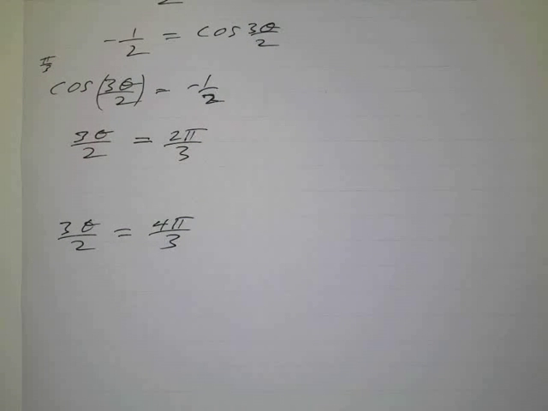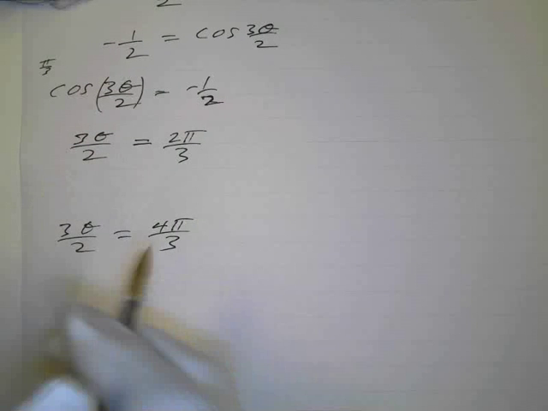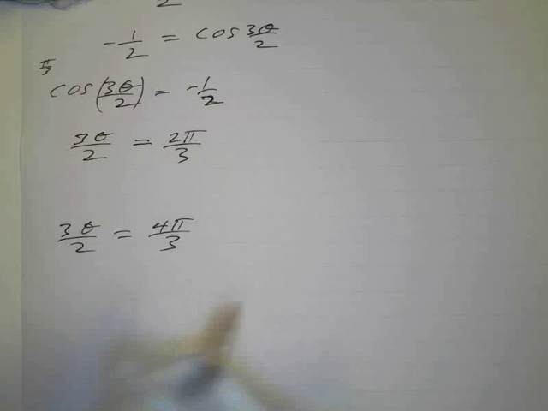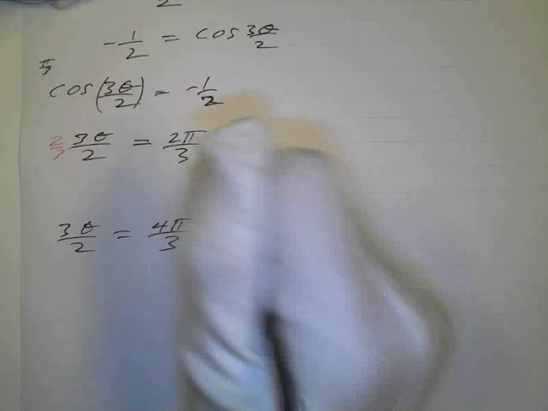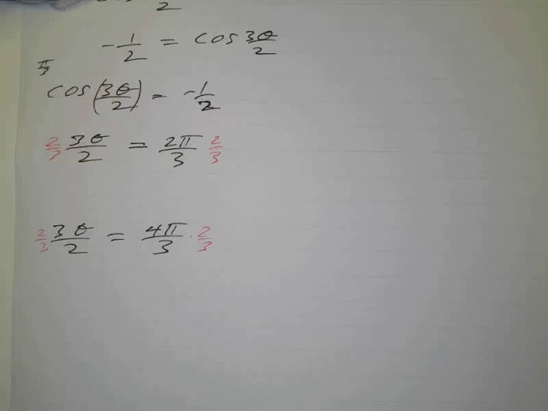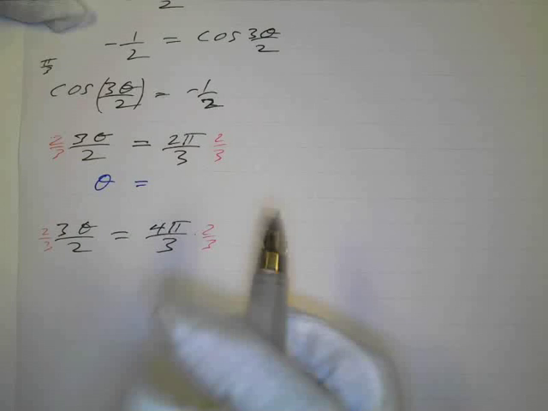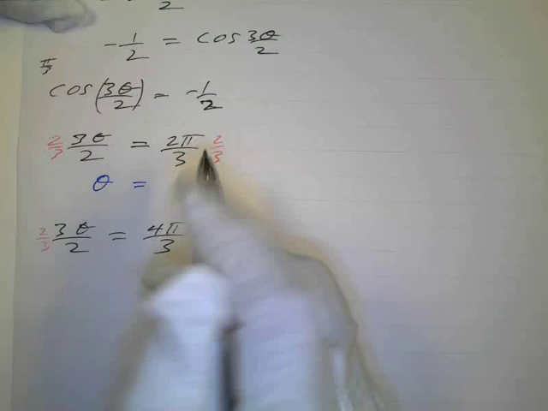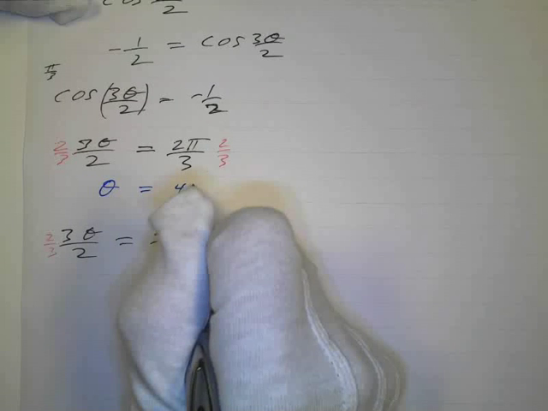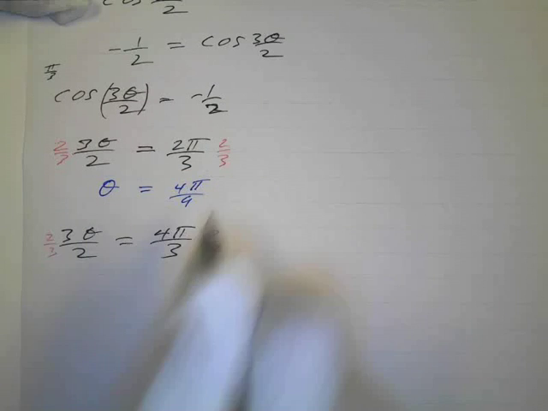Well, first of all, I got to solve for theta. I don't want 3 theta over 2, so I'll multiply both sides by the reciprocal, 2/3, 2/3. So I end up with theta equals 4 pi over 9.